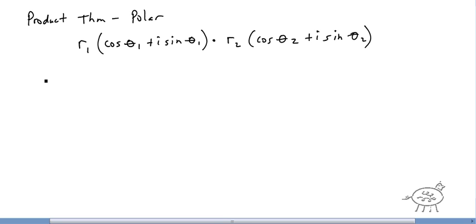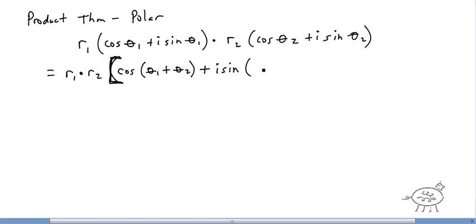We're just going to multiply the r's together, so we have r1 times r2, and then we're going to add the thetas together. So it's going to be cosine, and I'm going to change this into a bracket because we're going to use parentheses, cosine of theta 1 plus theta 2, plus i sine of theta 1 plus theta 2.